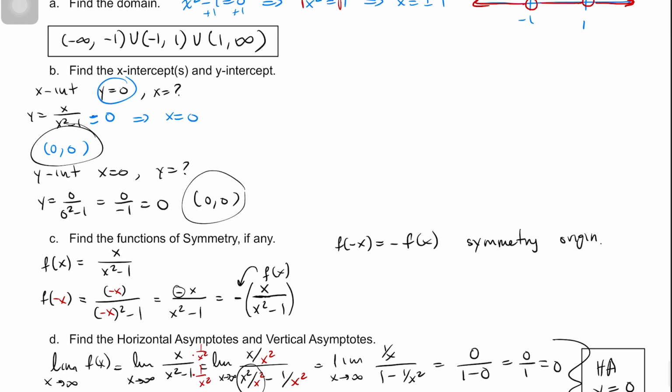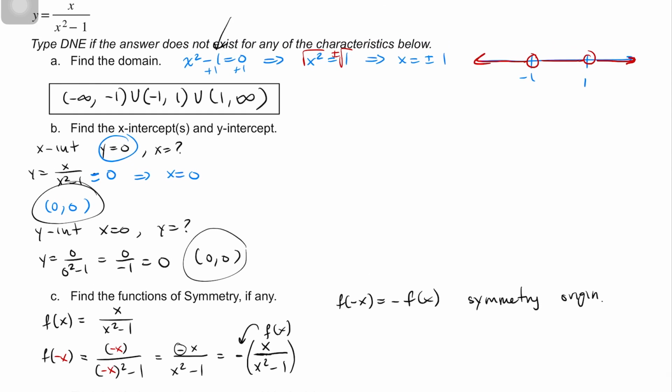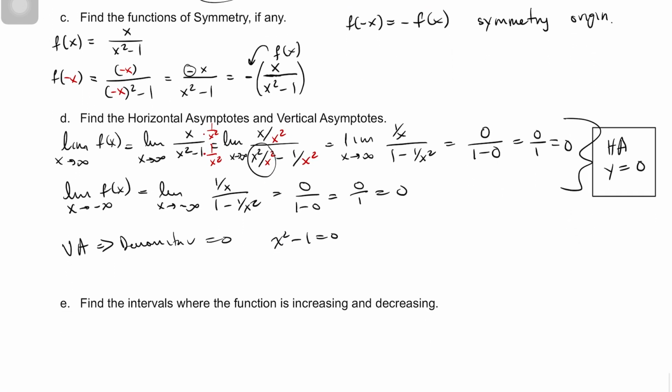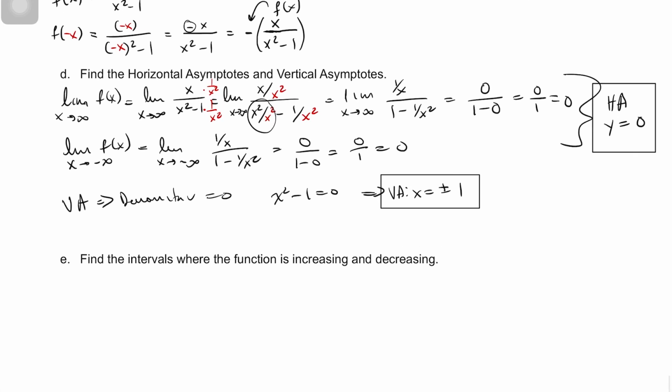Up here, we have found when the denominator is 0. So we already know that x is going to be plus or minus 1. So the vertical asymptote will be plus or minus 1. All right, so let's keep those in mind. We have a vertical asymptote, we have a horizontal asymptote.